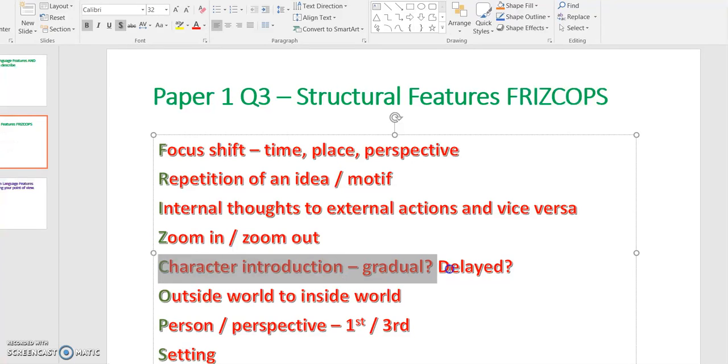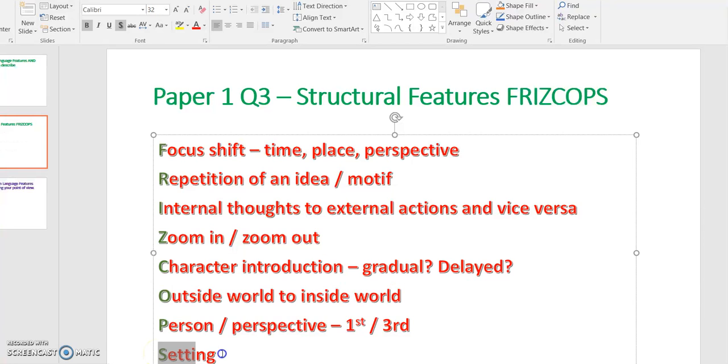Is the writer introducing a character? Is it gradual? Does he give one or two details about the character and then develop that information? Or is it delayed? Does the introduction of the character come later? Why might that be? Moving from describing the outside world to the inside world, person perspective down there as well, and setting.